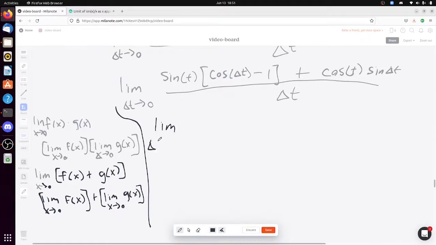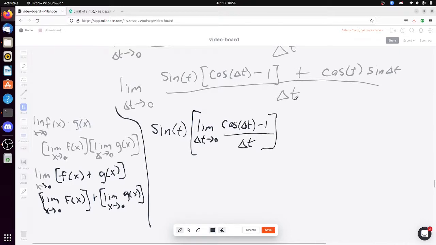we have the limit as delta t approaches 0. Actually, I'm going to factor out the sine as well, because the limit of the sine of t is just going to be sine of t. There's no delta t here to plug in. So I'm just going to represent it this way: sine of t times the limit as delta t approaches 0 of cosine delta t minus 1 over delta t.